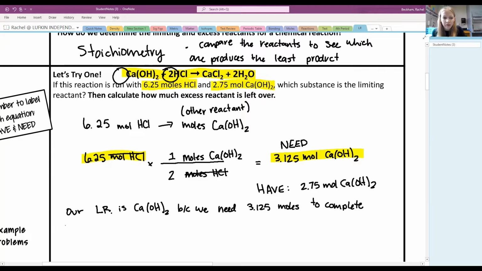This is just me processing it. You don't have to write this down, but it kind of helps for some people. But we only had 2.75. Right? So that answers the first question. The second question says, calculate how much excess reactant is left over.